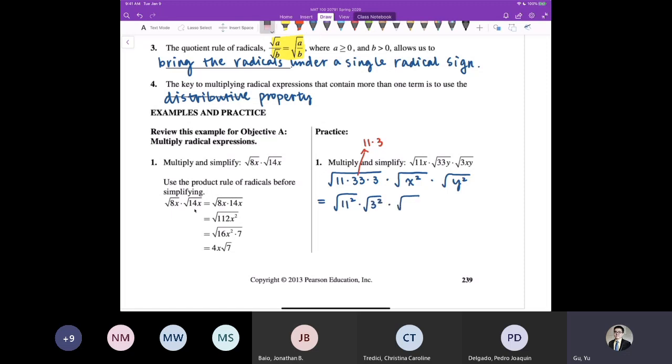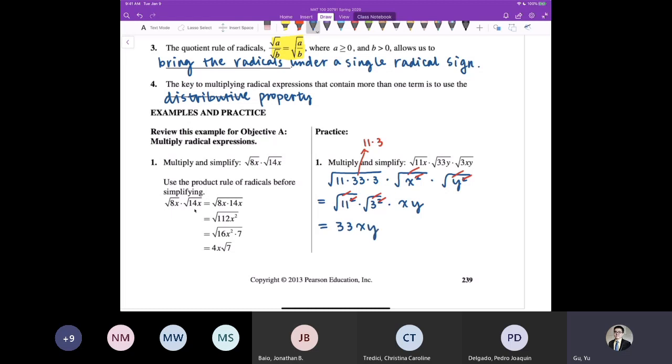Actually, we could simplify that already. So cross out the square root and the square, you have xy right here. And the numerical parts are also perfect squares, so cross them out. Multiply them, so that's 33xy.